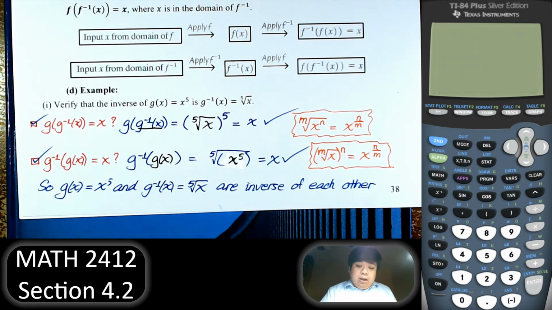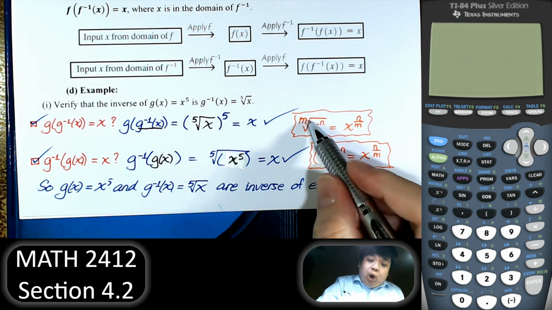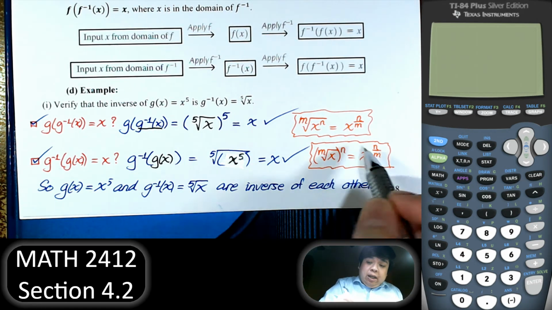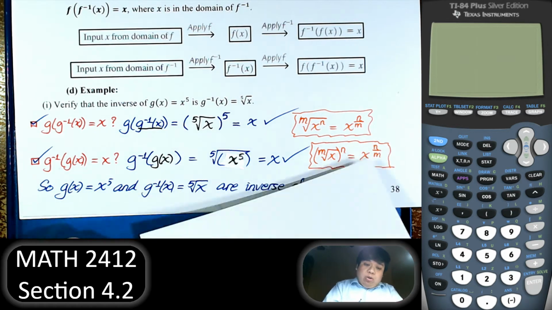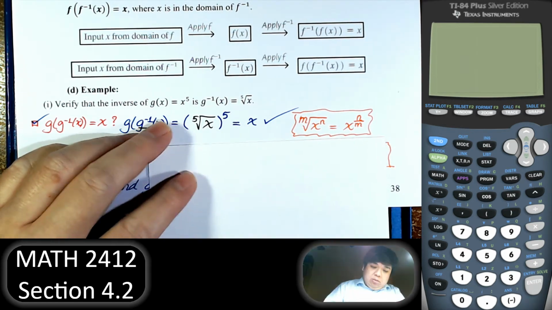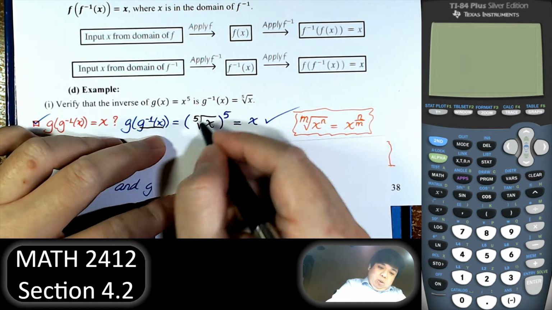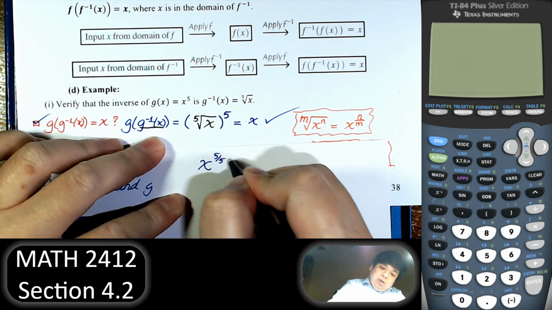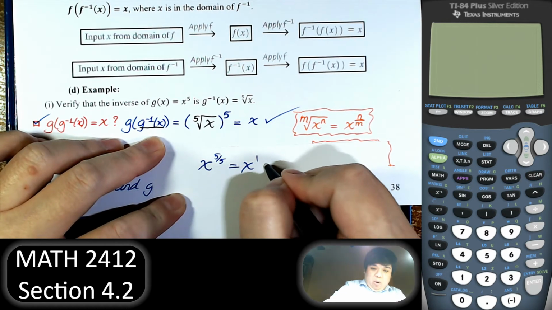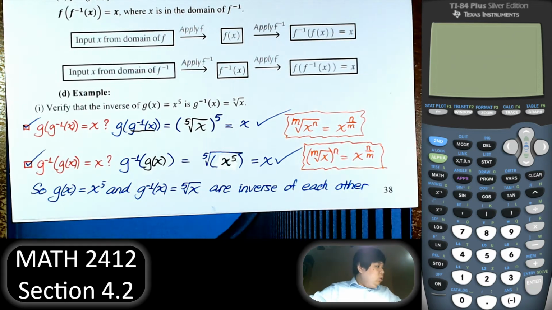So power on top, root at the bottom. In this case, both of them result in, just look at this one, x to the 5 over 5, which is x to the first, or x. Right, so indeed they are inverse of each other.